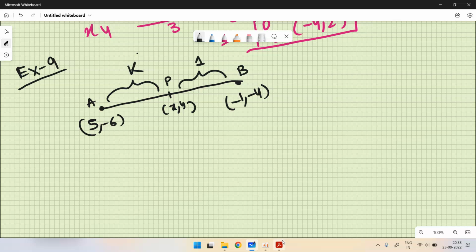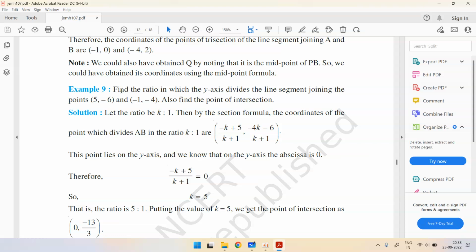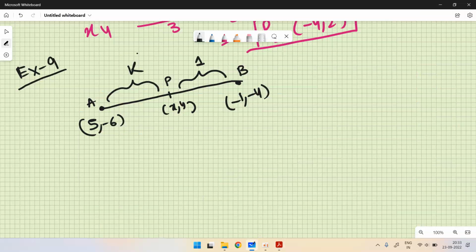Now if you read the question carefully, it says find the ratio in which the y-axis divides the line segment. So you know that for a point lying on the y-axis, the x coordinate will always be 0.